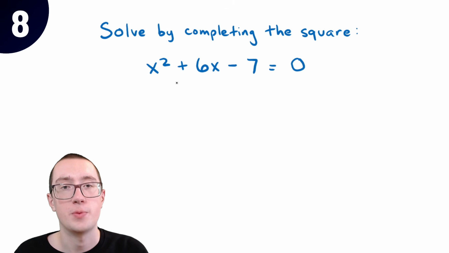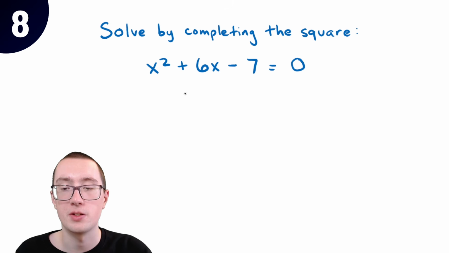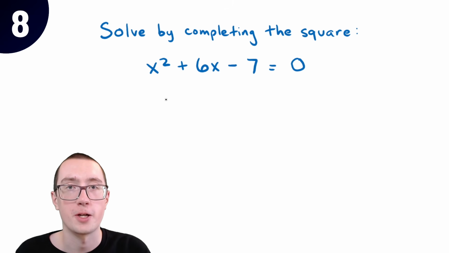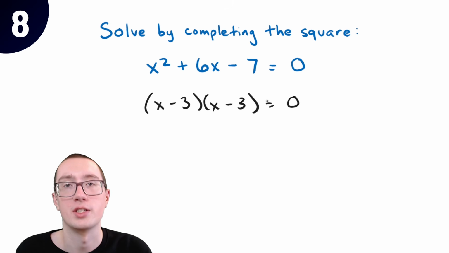So here's another example of solving a quadratic equation, but this time we need to use the completing the square method. Well, the goal of completing the square is basically to make a perfect factoring situation. So for example, let's say you were to factor this and you were to get your two sets of parentheses, and they would be x minus 3 times x minus 3, right? They're both exactly the same.